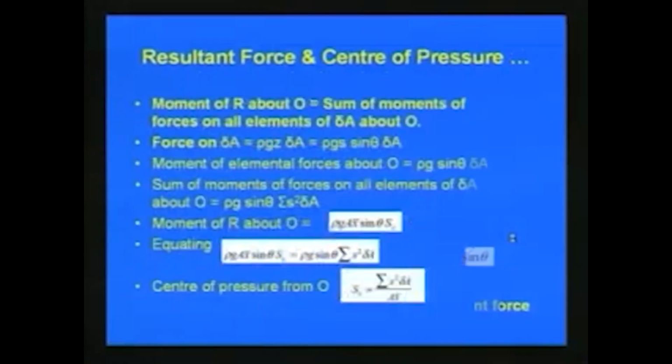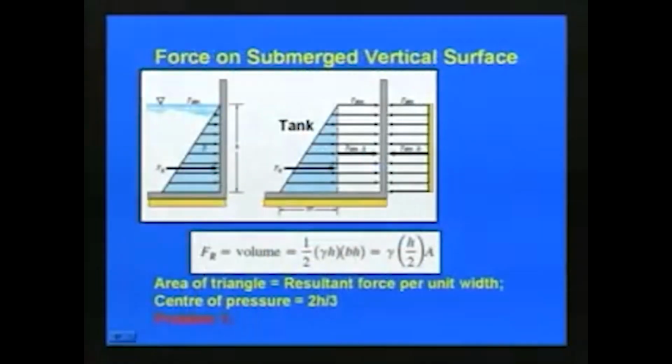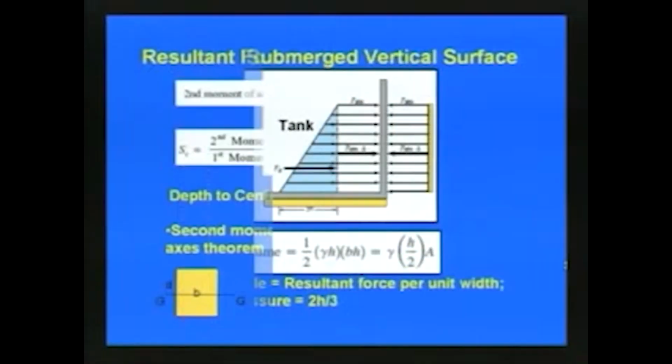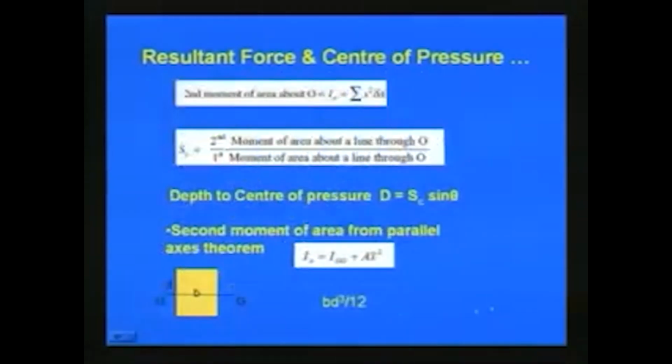So, finally, we got the center of pressure from O as sigma S square delta A by A x bar. And the second moment of area about this point O which we are considering can be written as sigma S square delta A.